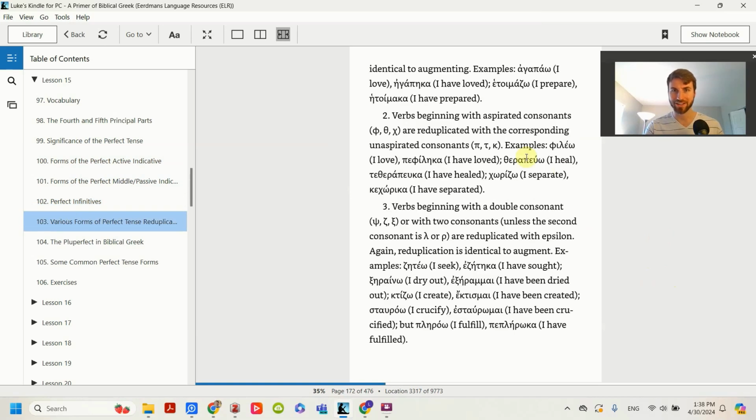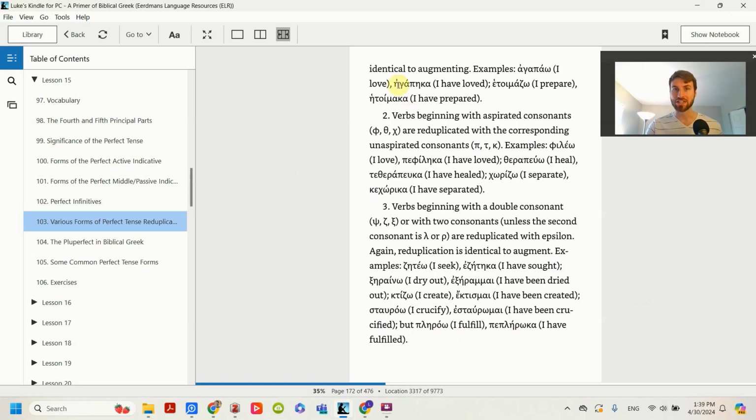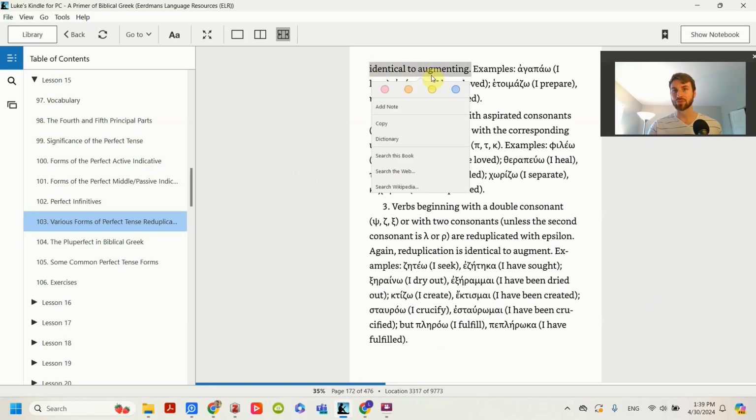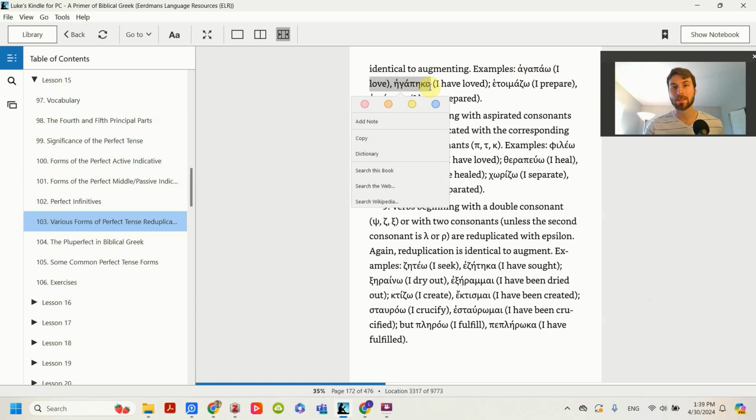So here is where you get into all of the complexities of how reduplication happens. So verbs beginning with a vowel or a diphthong are reduplicated by lengthening the vowel or the diphthong. The result is that the reduplication is identical to augmenting. That's really important. So like agapao here becomes igapeka.